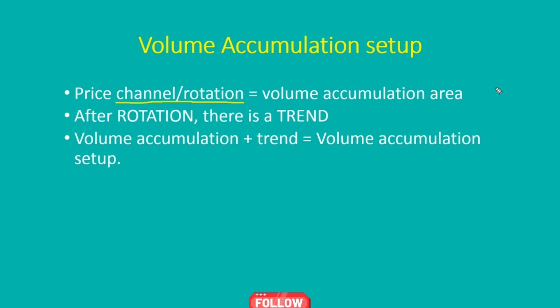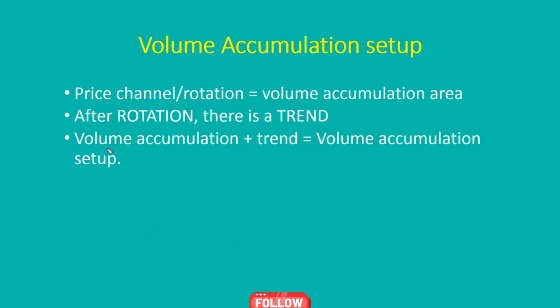Big banks or big financial institutions are accumulating their positions in rotation. And after rotation, there's a trend. This is quite usual behavior. First, there is rotation where volumes are accumulated, and then there is a trend where the big institutions are actually making money.